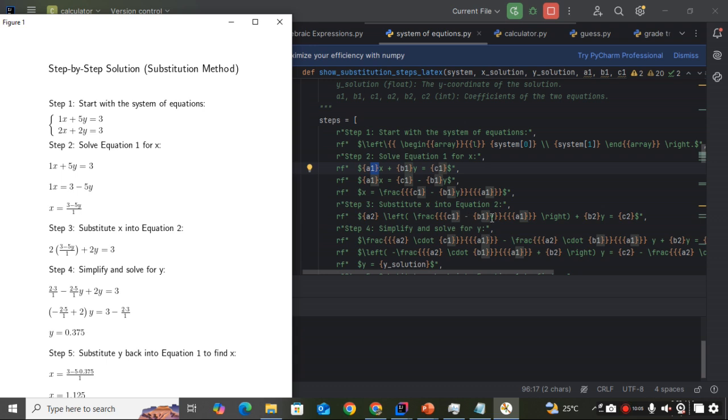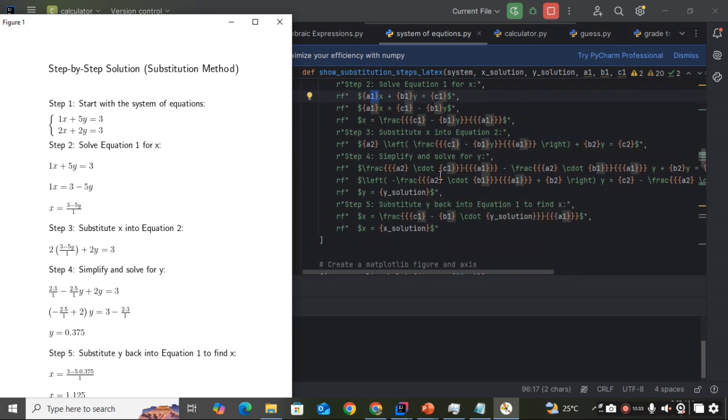Essentially we have substituted this one. We have c1 minus b1y divided by a1, and then we multiply it by a2. So a2 here is 2 plus b2y. So b2 here is 2, and of course we have c2. The c2 here is 3, and then we simplify and solve for y. So here we have c dot. That's the reason we see a dot here for the 2 and the 3, and a dot for 2 and 5.